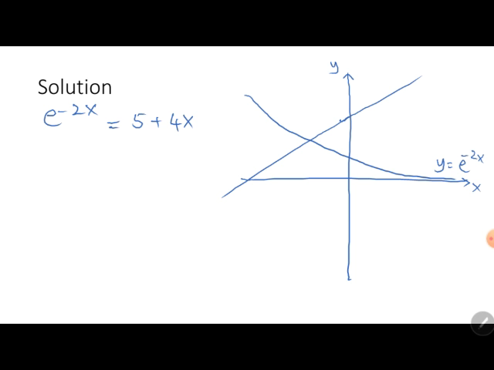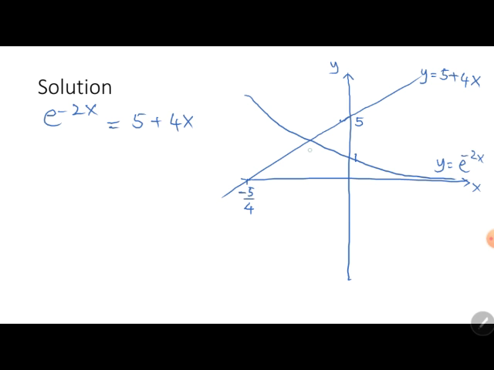Use your ruler. Here the intersection point is 1, and here the intersection point is 5. The x-intercept here is negative 5 over 4. Label your graph: y is 5 plus 4x. So now what do you see from the graph?